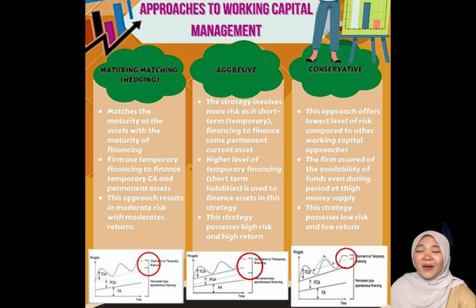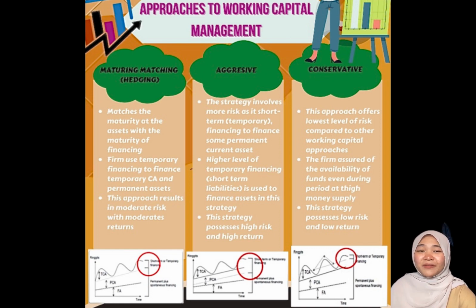And lastly, the conservative approach. The conservative approach has the lowest risk among the working capital approaches, whereby the firm uses long-term financing for the majority of its assets. It prefers to use long-term financing rather than short-term financing to require return, which is low risk.